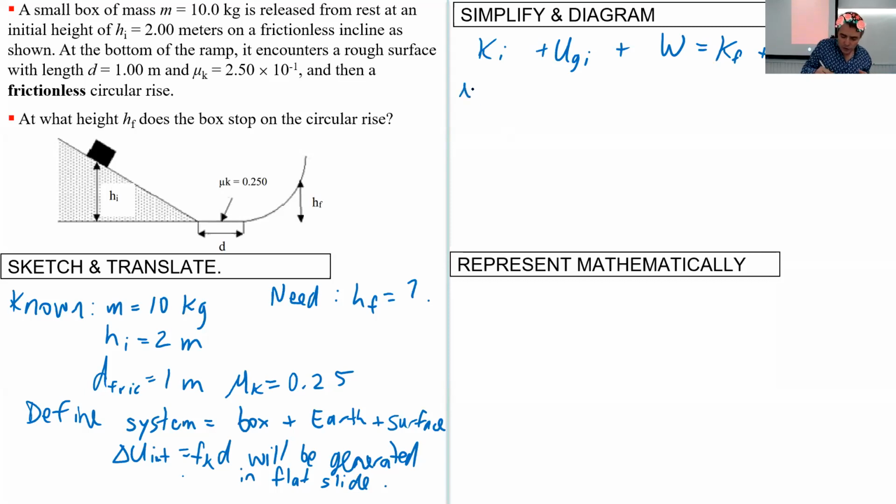So there's no external work done on this system, because I've defined the system to be the box plus the Earth. So the gravity work is taken up with this potential energy, and any work done by friction is taken up by this delta U internal. So what you do is you just write kinetic energy. It's released from rest.